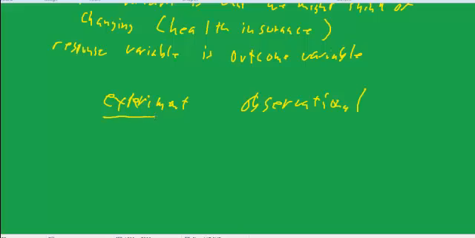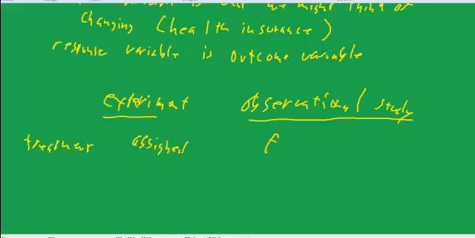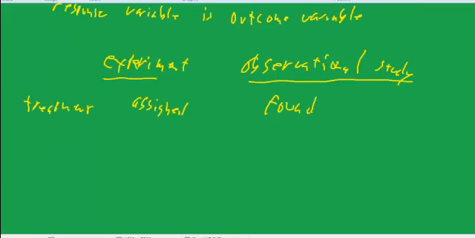So you have an experiment, and we have an observational study. In an observational study, you see that some people have gotten the treatment variable and some people haven't.